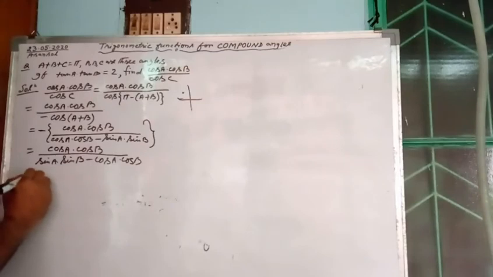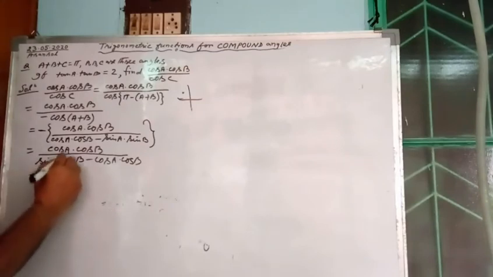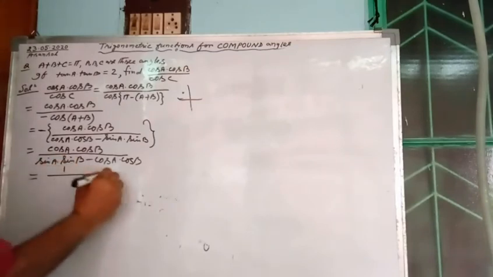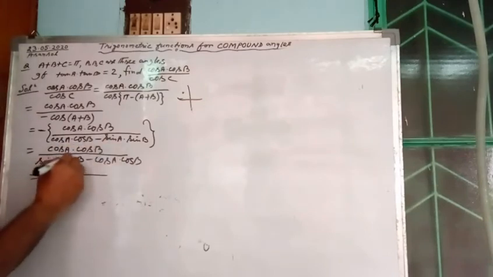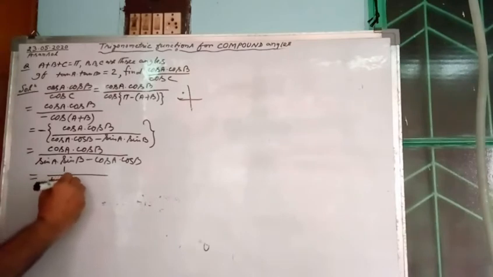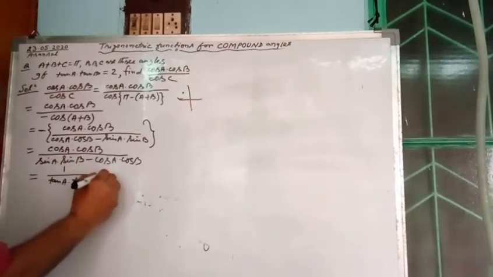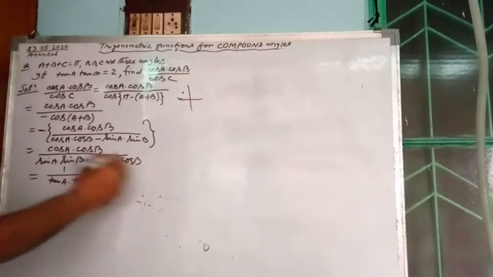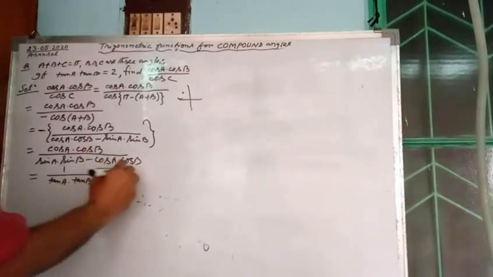So we get this equal to 1 by, divide by cos A cos B, 1 by sin A sin B by cos A cos B, sin A by cos A is tan A, sin B by cos B is equal to tan B, minus 1, cos A cos B by cos A cos B. What we did?